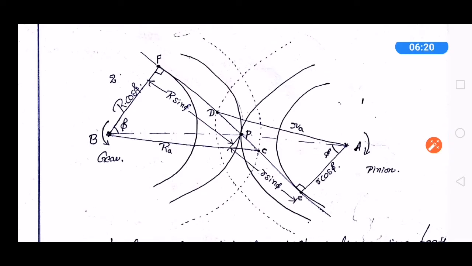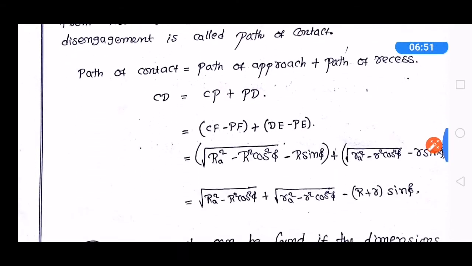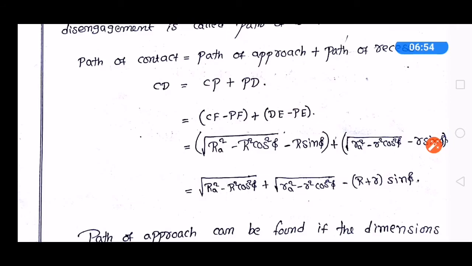So I can write FC square equals BC square minus BF square. BC is RA and BF is R cos phi. So FC square is RA square minus R square cos square phi, and FC equals square root of RA square minus R square cos square phi, that is, (RA square minus R square cos square phi) to the power 1 by 2.